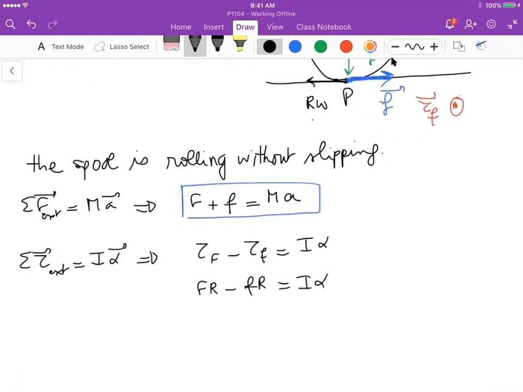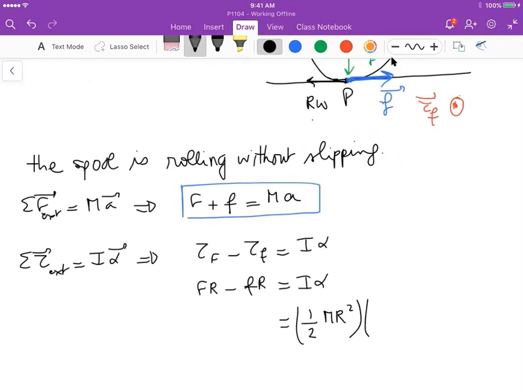Now if we replace I and alpha by their values, first, I is given by half mr squared, because here we have a uniform solid cylinder, and the moment of inertia of a uniform solid cylinder with respect to its central axis, meaning the axis through its center of mass, is given by half mr squared. This is number one.